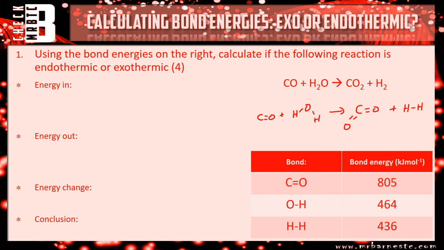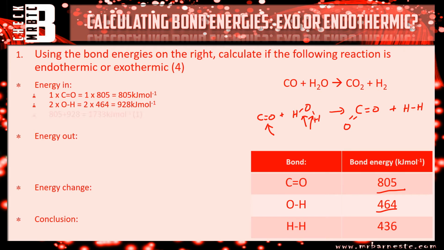Okay, let's see how you've done. If we start off with the energy in, as we can see over here, I've got one C double O bond, which has an energy of 805. I have two OH bonds, which have an energy of 464. If you multiply that by 2, it gives you 928.